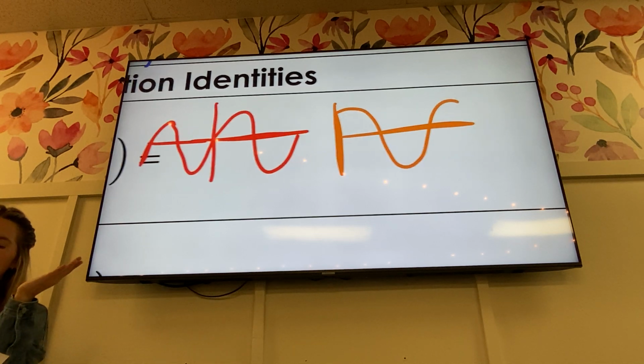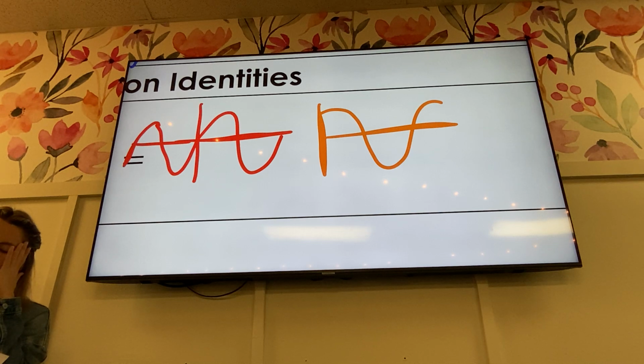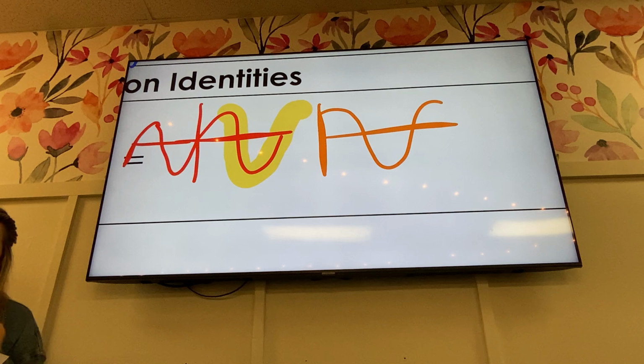If I were to shift the sine graph over pi over 2, so instead of starting at 0, I shift it over here, pi over 2, do you see how it would make the bowl shape and make that cosine graph?